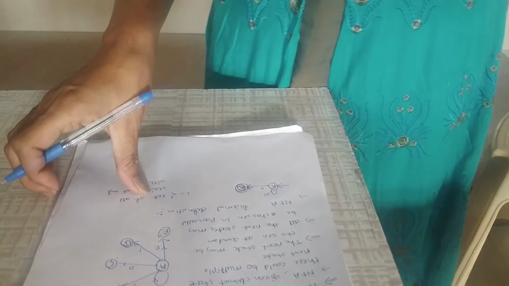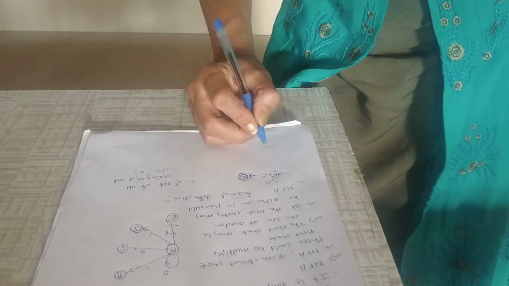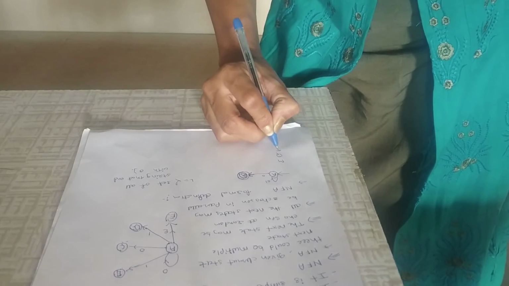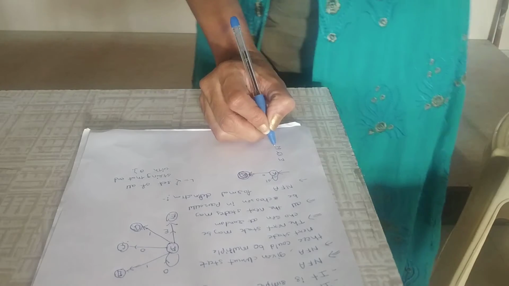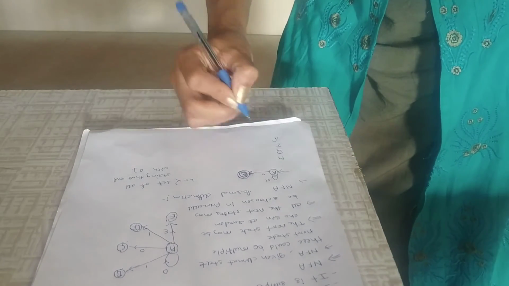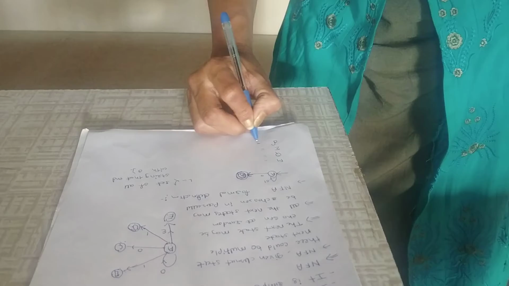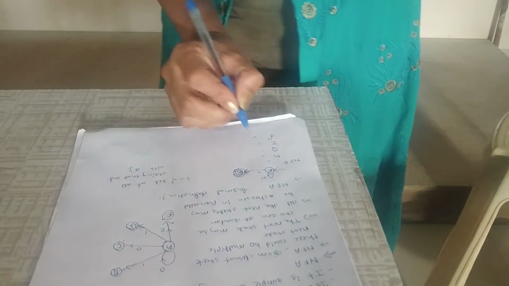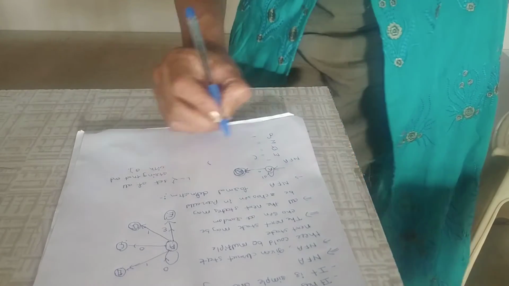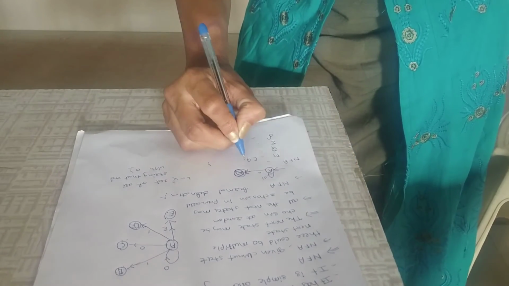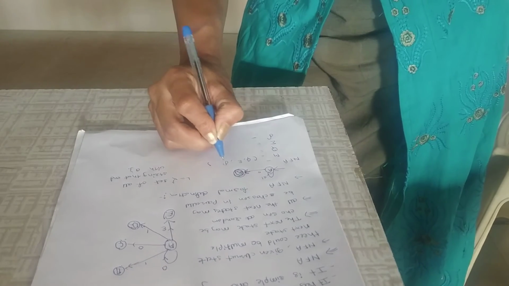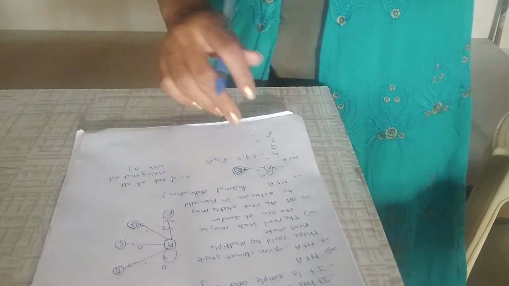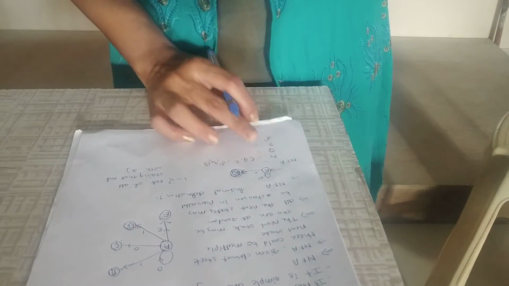Let's write it down like this: Q, sigma, delta, NFA. What is Q? Q is a finite set of states.